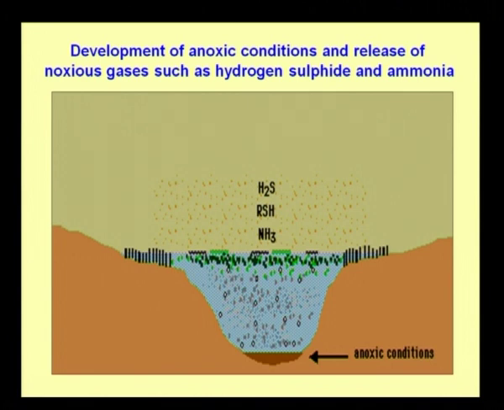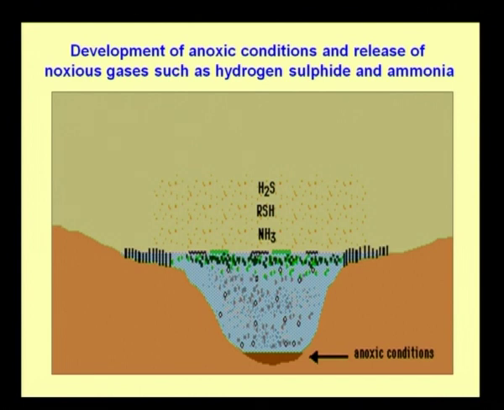In that anoxic condition, noxious gases such as hydrogen sulphide and ammonia are released and emitted from the water. The net result is that the amount of oxygen has reduced, the number of fishes has also reduced, and there are no water plants now.